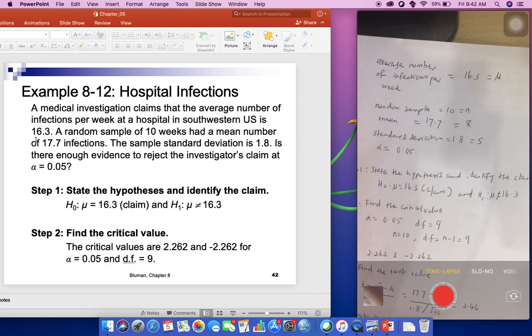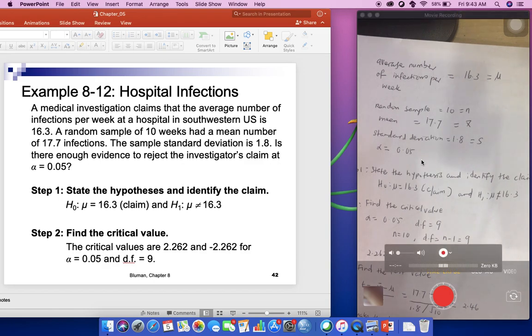So 16.3 we put as the population mean. Then a random sample of 10 weeks, so the random sample is equal to n, had a mean number of 17.7 infections. So 17.7 is the sample mean, and the standard deviation is 1.8. And alpha is equal to 0.05.